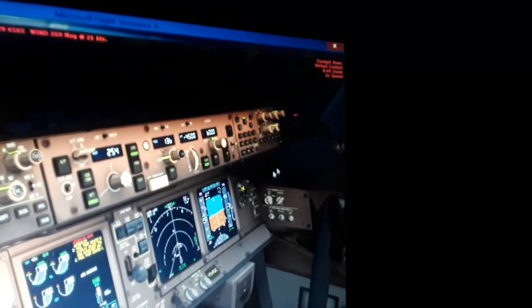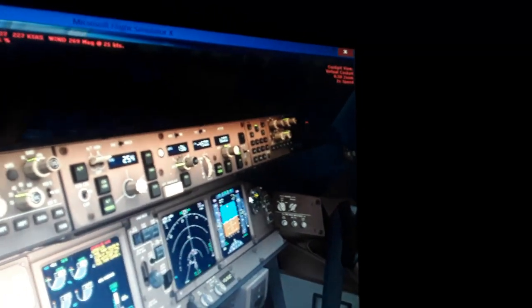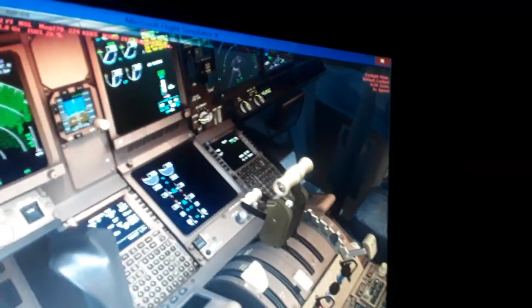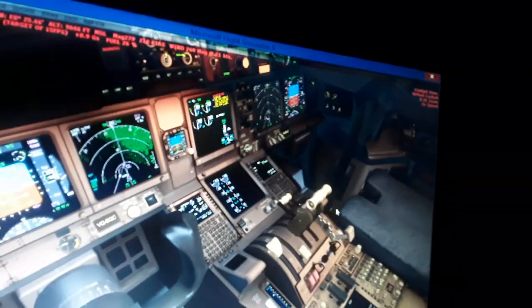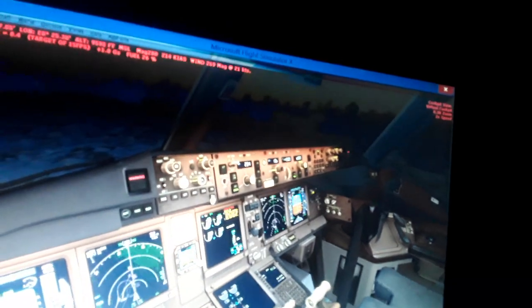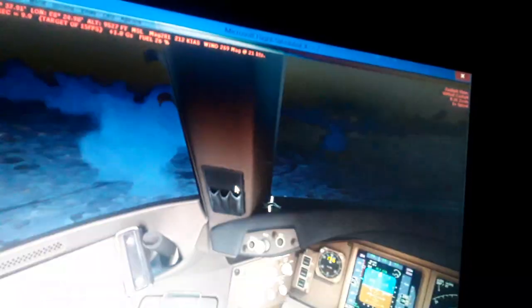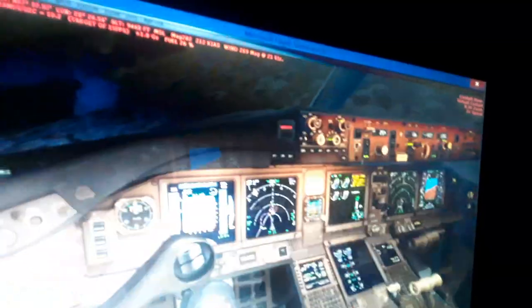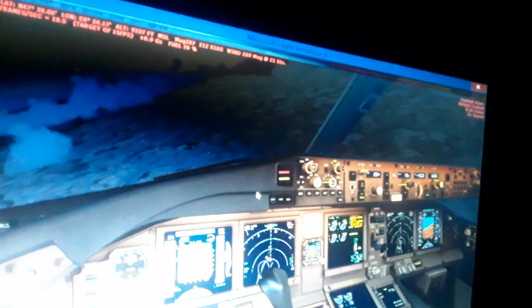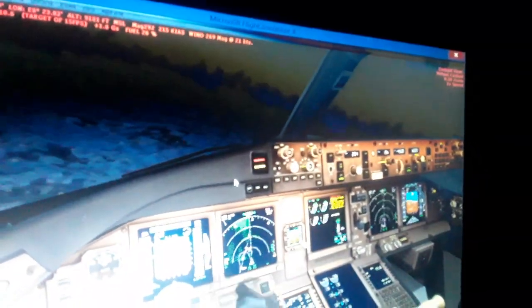Also we can use the roll localizer. So we are 9,000 feet and keep descending. So we need to slow down also as we descend.